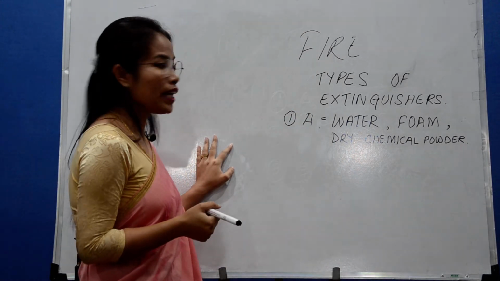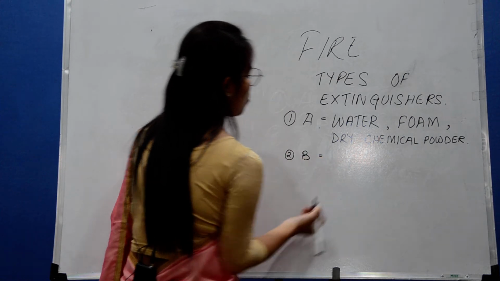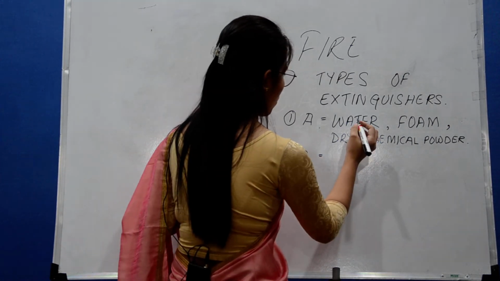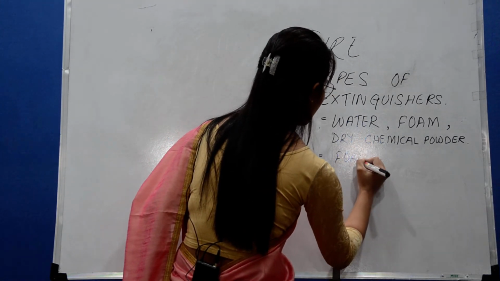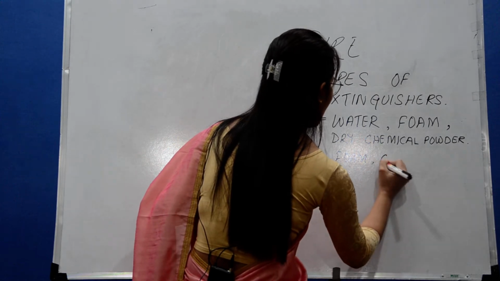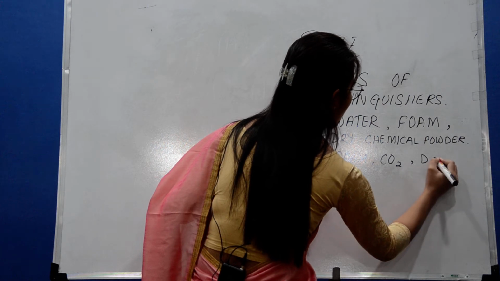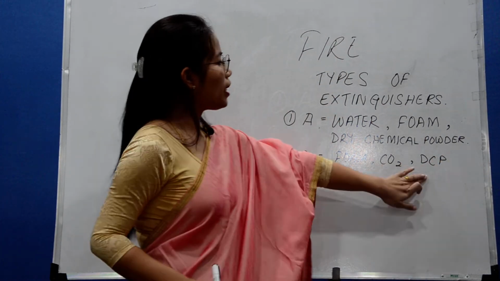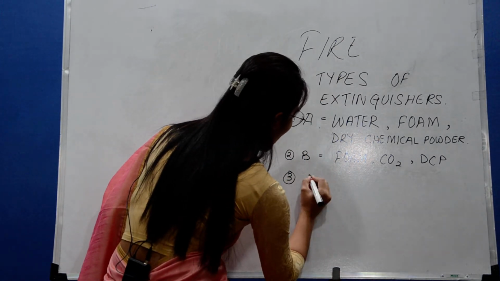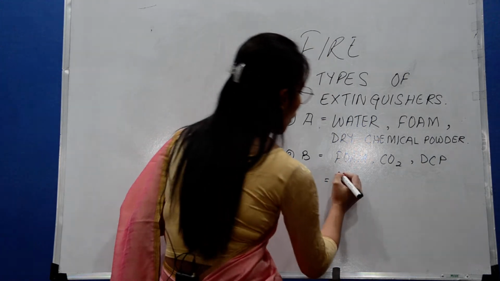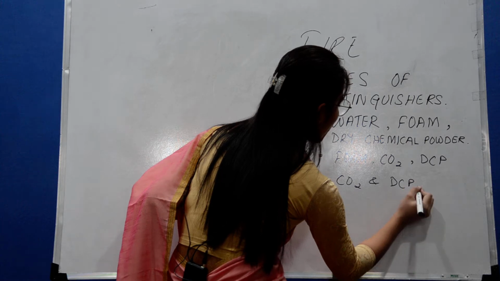For type B fire, we can use foam, carbon dioxide and dry chemical powder. DCP is dry chemical powder. And for the third type of fire, we can use carbon dioxide and dry chemical powder.